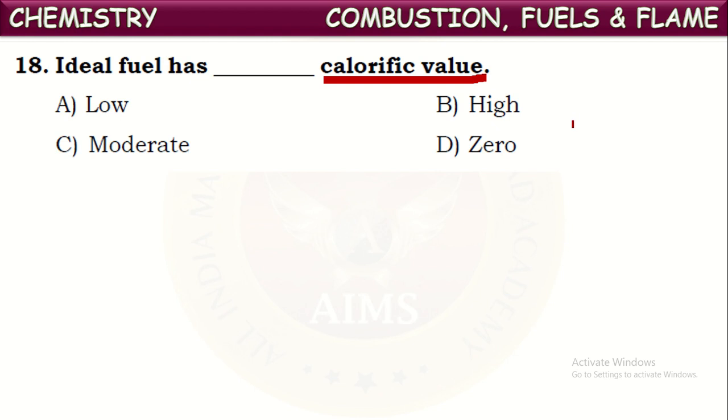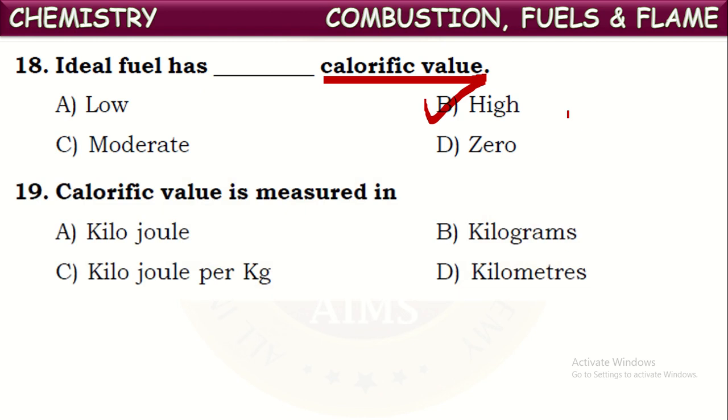So to be an ideal fuel, it should produce a large amount of heat energy per kg, which means it should have high calorific value. Then only it is said to be an ideal fuel.